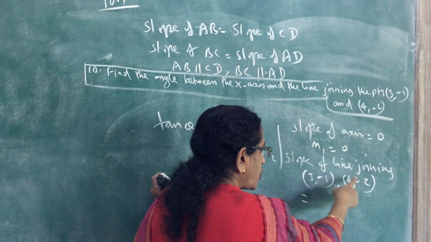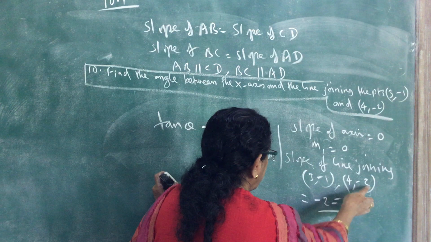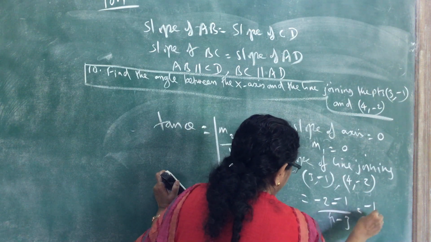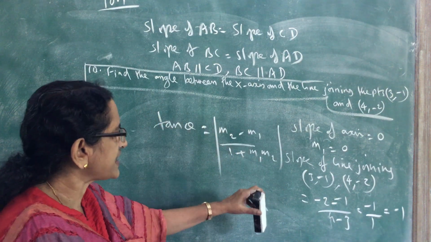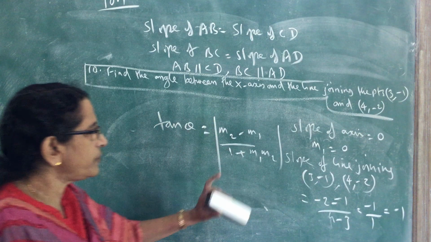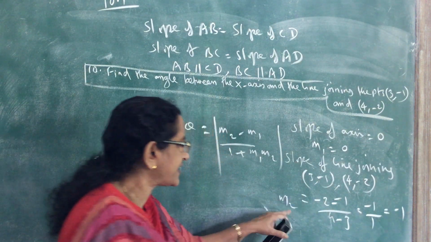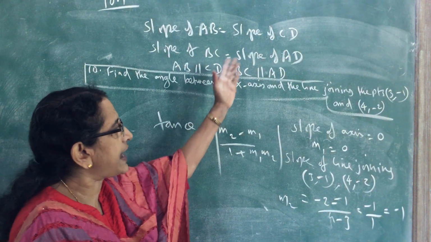So slope of the line joining these 2 points equal to (minus 2 minus minus 1) divided by (4 minus 3). That is minus 2 plus 1, that is minus 1 by 1, that is equal to minus 1. So the slope of this line is minus 1. That is m2, the slope of the second line, minus 1.